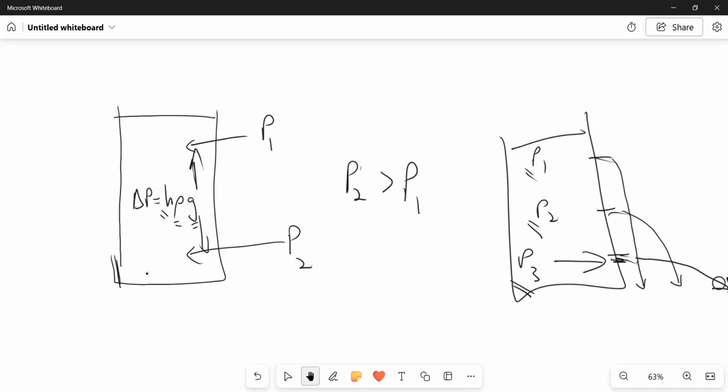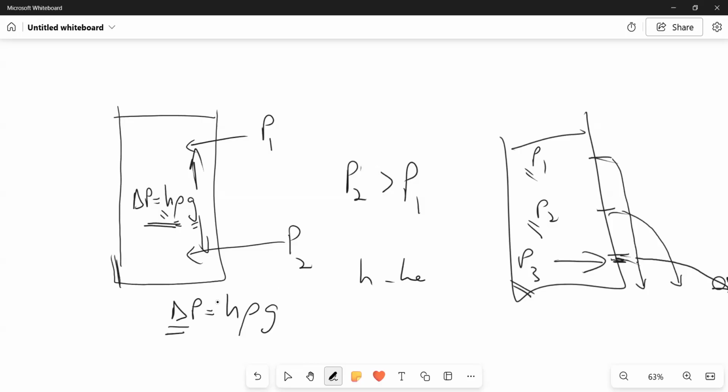And a mathematical way to calculate that change of pressure as you go deeper is this formula here. Delta P equals, delta means change, right? H rho G. We said H is the change in height.